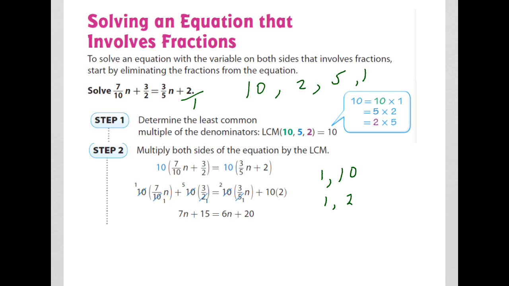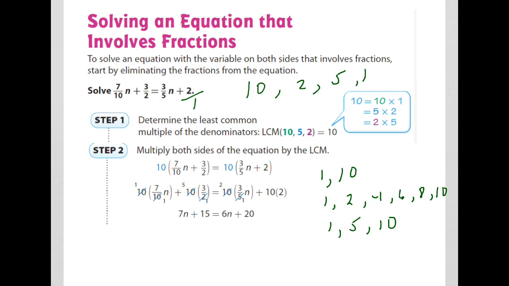Then we could say 4, 6, 8, and 10. Then we can go to 5, and of course we will have 1 and 5 and 10.